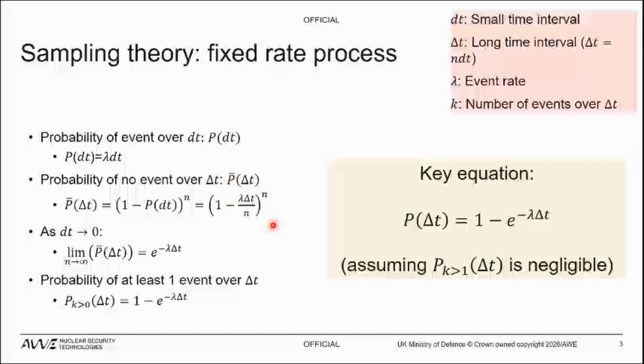As our time of interest goes smaller and smaller, this expression tends towards an exponential, which means that the probability of at least one event happening over a long time period is equal to 1 minus exp of minus the rate of that event happening multiplied by delta t. And that is our key equation that basically all the physics packages use in the background, but just in different ways.